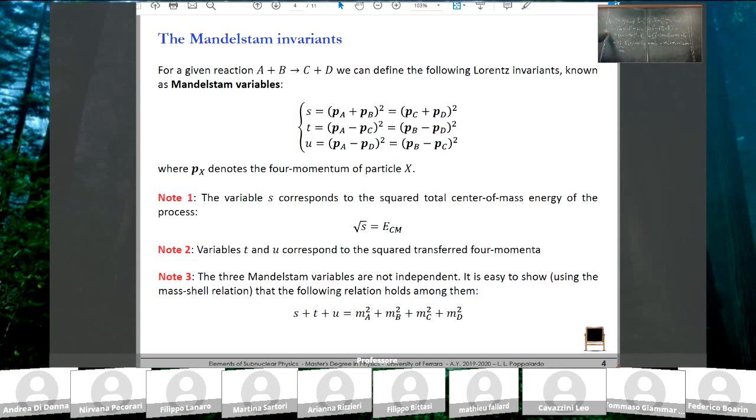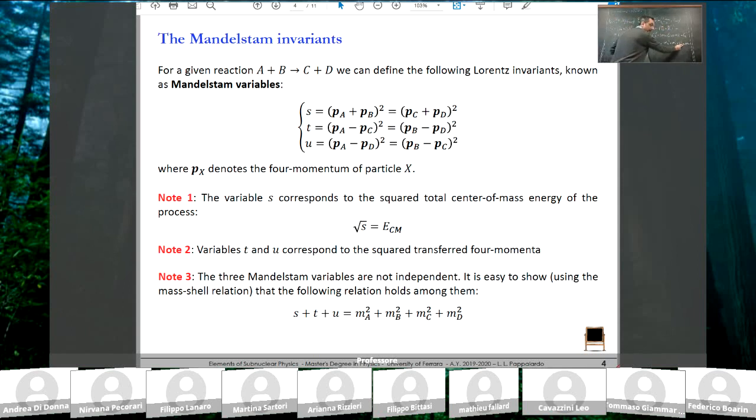So one of our results is that s is equal to mA squared plus mB squared plus twice the energy of A times the mass of B. And now we can continue from here.